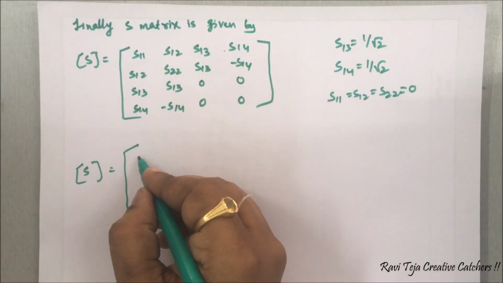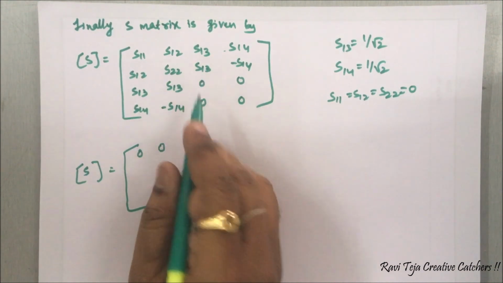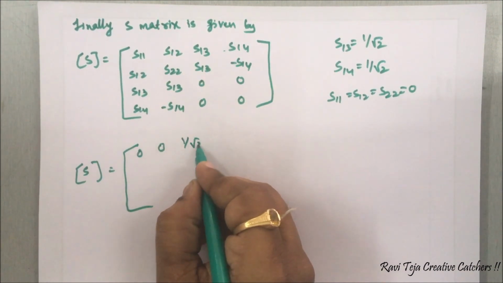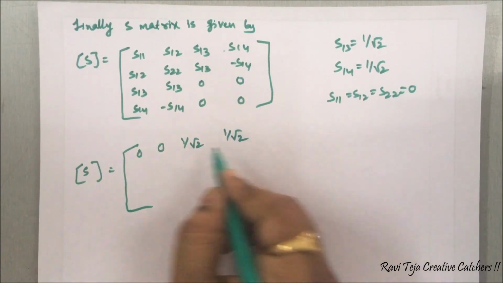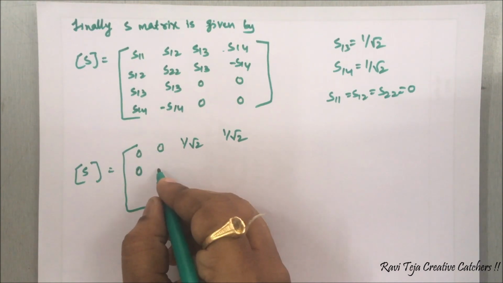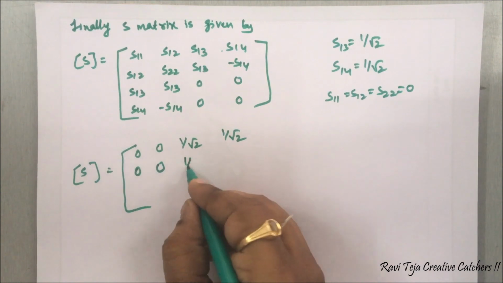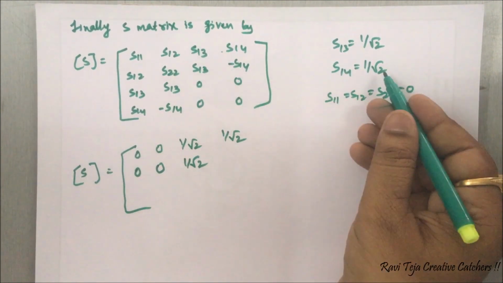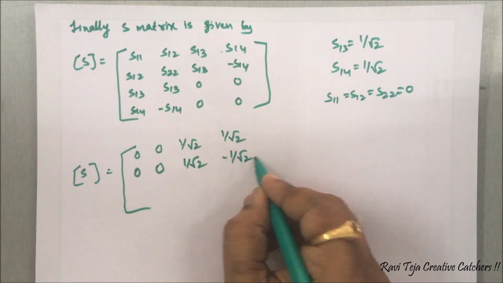S11 is 0, S12 is 0, S13 is 1 by root 2, S14 is again 1 by root 2; S12 is 0, S22 is again 0, S13 is 1 by root 2, minus S14, that means minus of 1 by root 2.